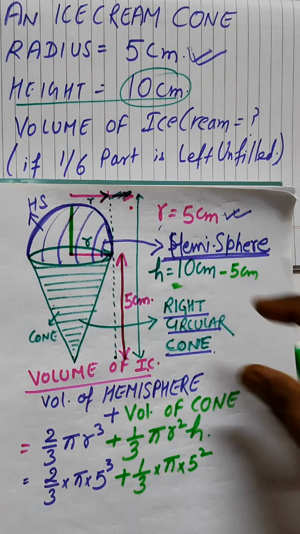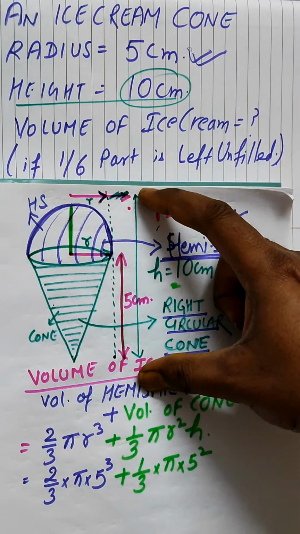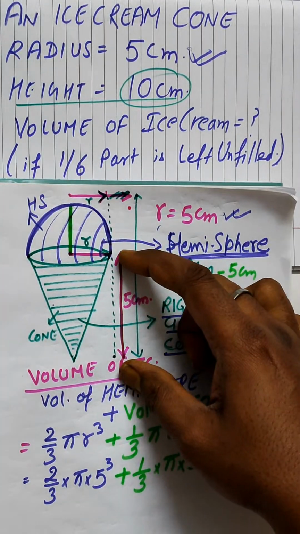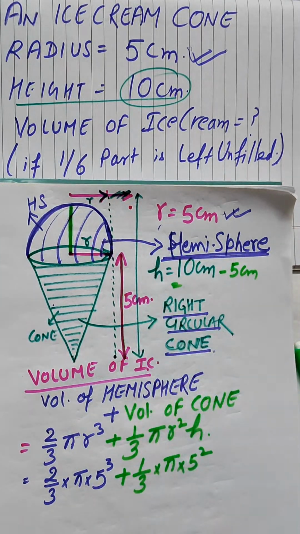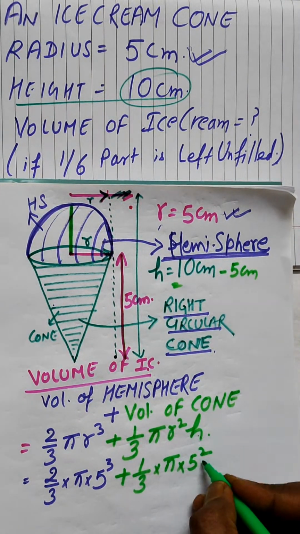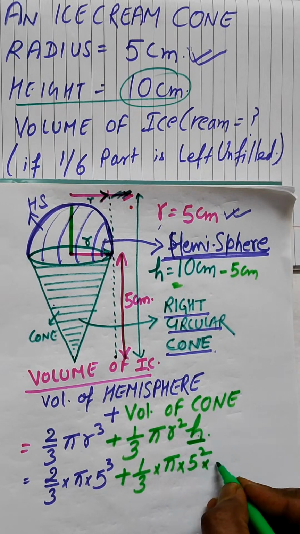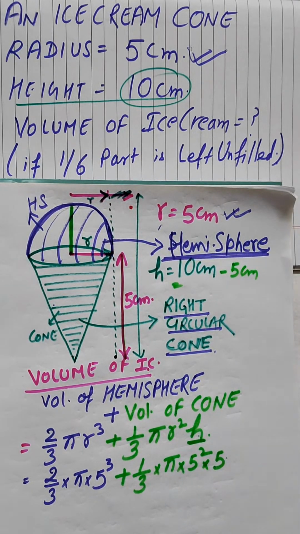Because the complete height is 10 and the height of the right circular cone will be 5. So we will be using 5 in place of this h, right?